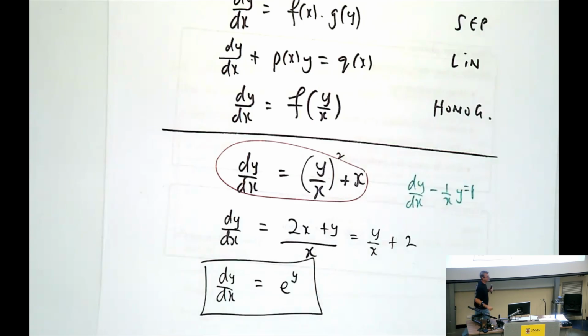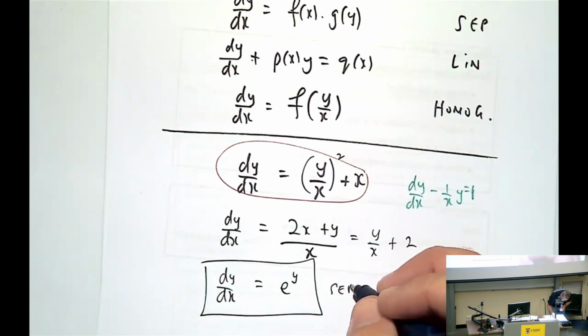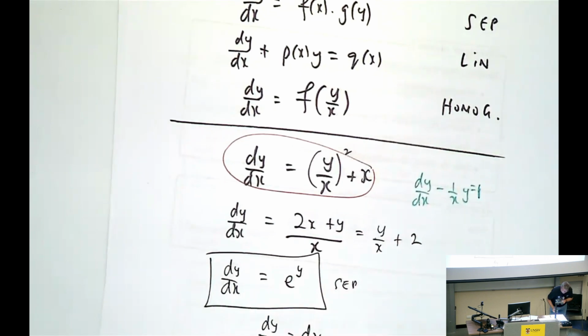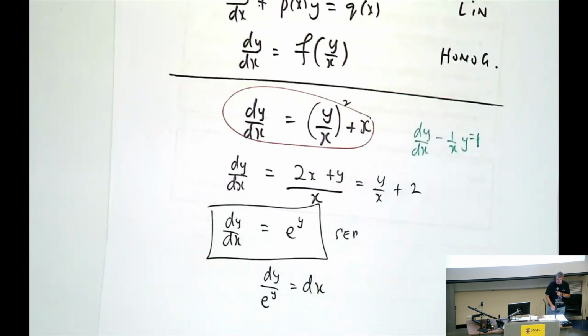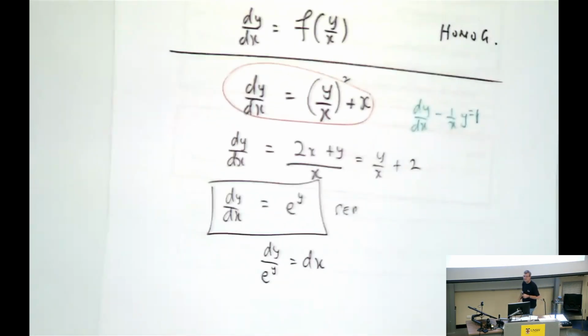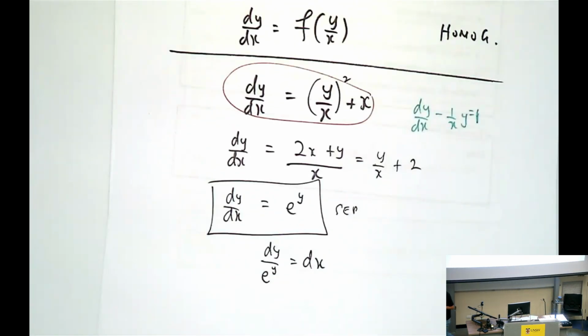So as you can see, it's like a little game, a little sort of art form to classify these things. This is definitely separable. The difficult thing isn't really solving it.